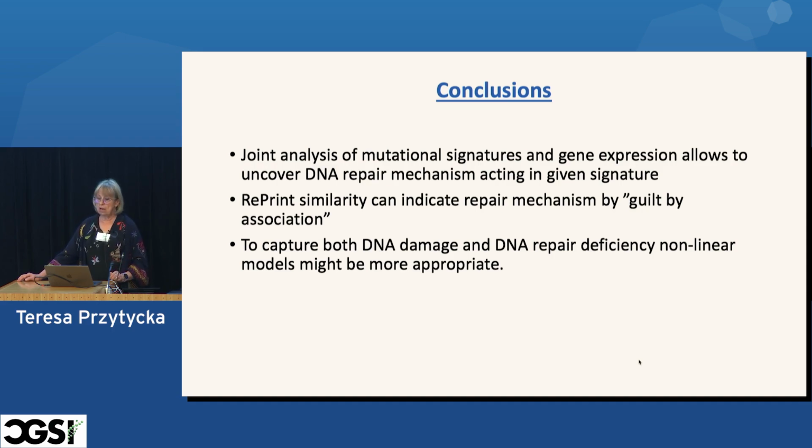And also, the last couple of slides that I went over very briefly: if we would like to capture both DNA damage and DNA repair deficiency and the initial environmental type of signatures into one model, then we should look at a nonlinear model, and we had some luck in developing those nonlinear models.